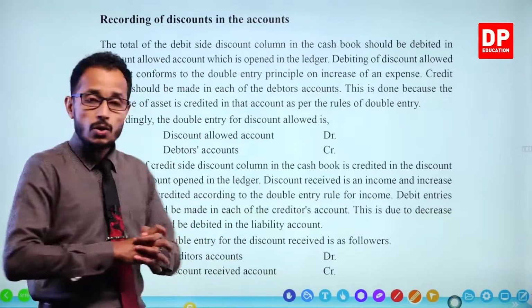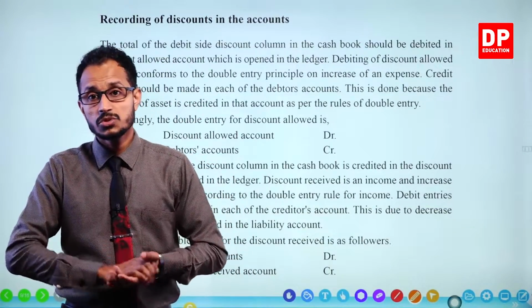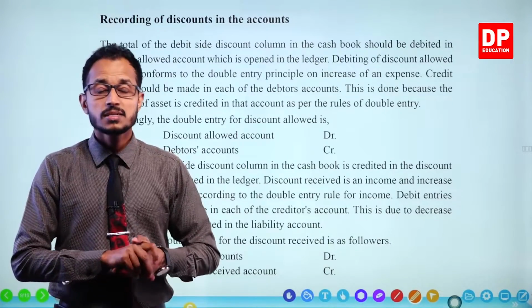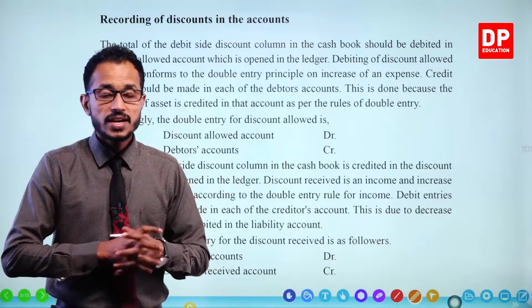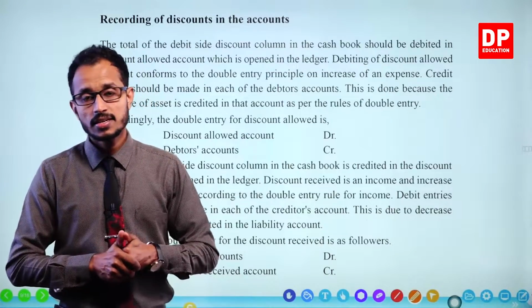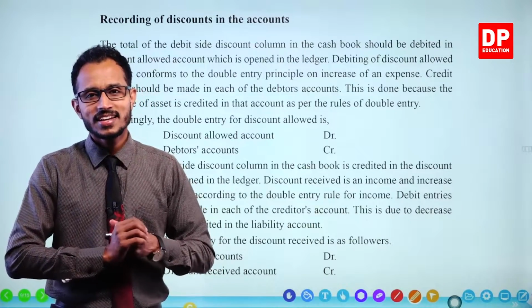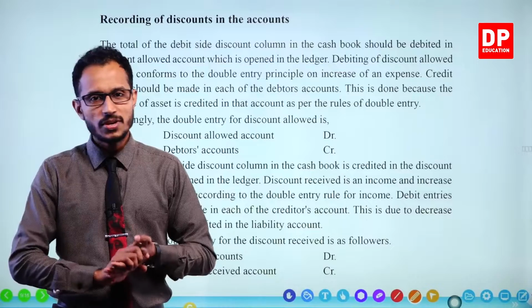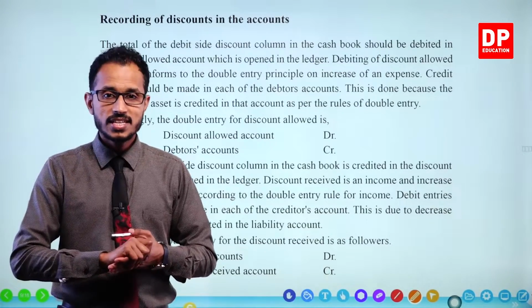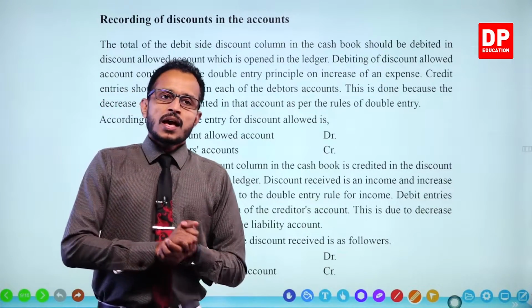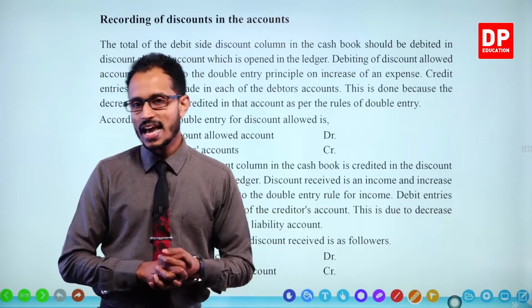And we know now how the trade discounts are calculated and deducted from the list price of a good. We learned all these in the previous session. Afterwards, we took cash discounts.